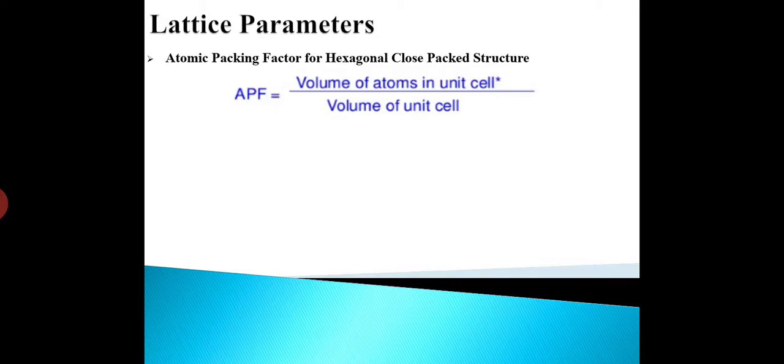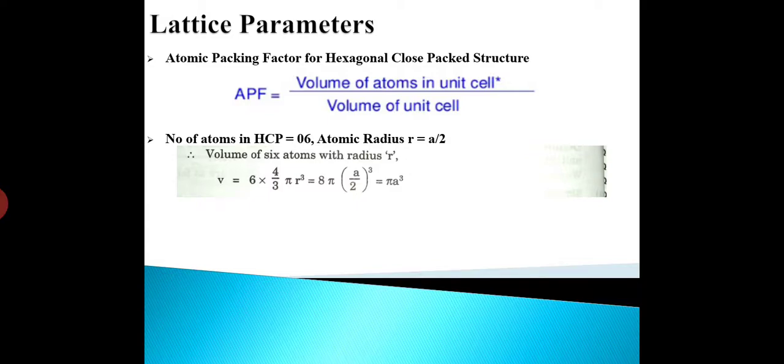For the last structure, that is the hexagonal close pack structure, the formula is the same, but the number of atoms in HCP is equal to 6, and the atomic radius is also r is equal to a by 2. This is the general relation we used for the SC structure.